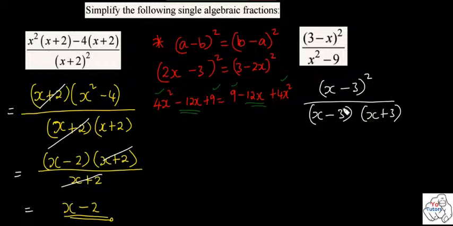Then now we can cancel out, this one goes. Then you're left with your final answer, which is equal to (x minus 3) over (x plus 3). That becomes our final answer. That's what you need to remember. So don't forget this, guys, when you're solving your questions.